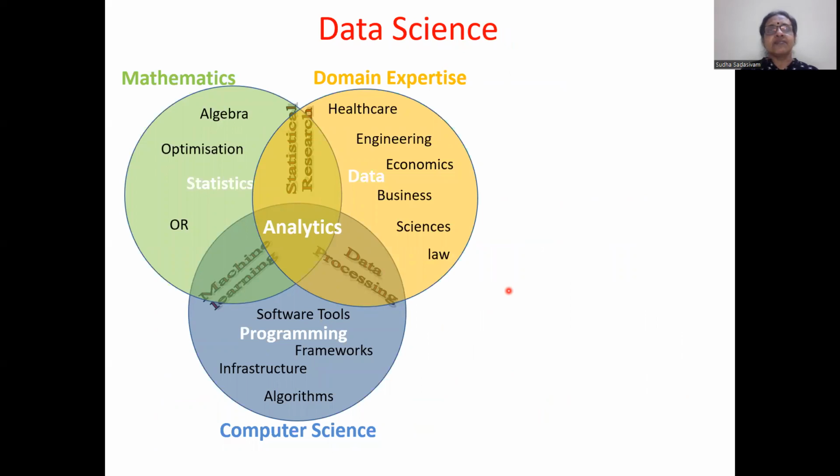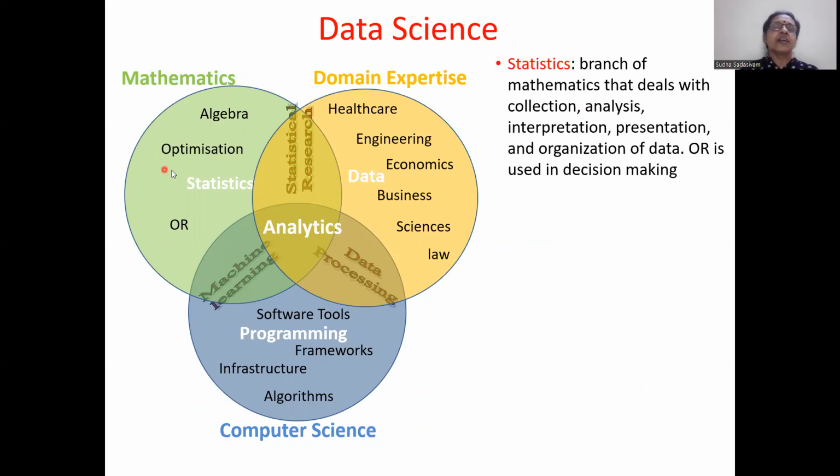Data science is primarily concerned with three major domains: mathematics, domain expertise, as well as computer science. So, how are these fields related to the field of data science? In mathematics, we have optimization, statistics, as well as OR, which are needed as preliminary elements to perform analysis on data.